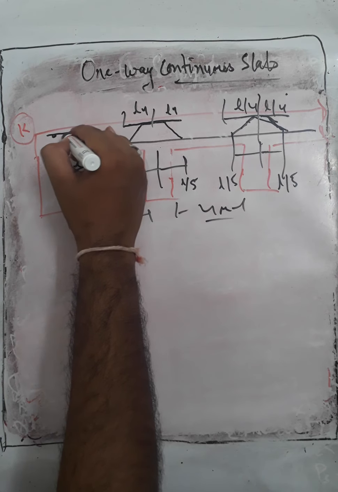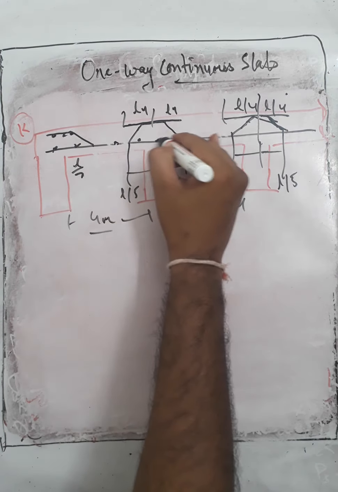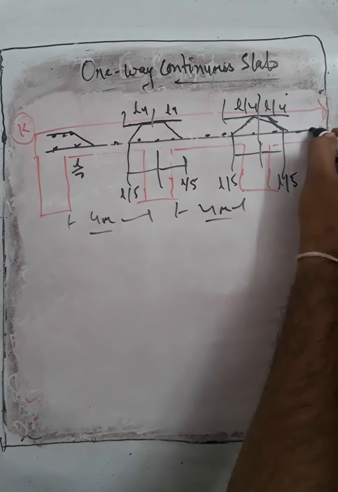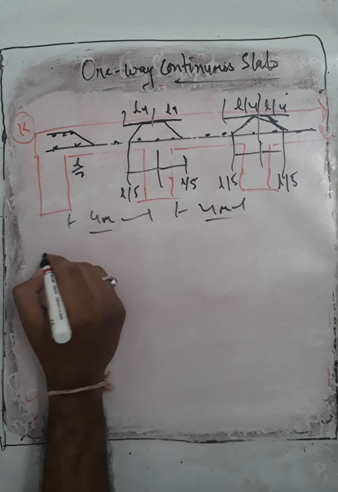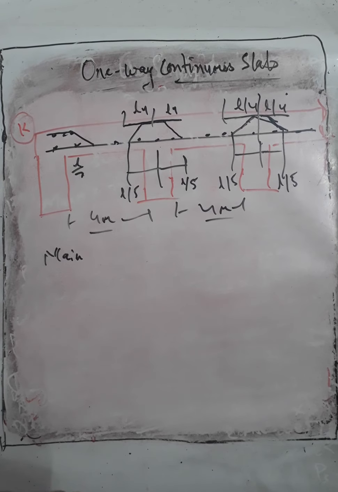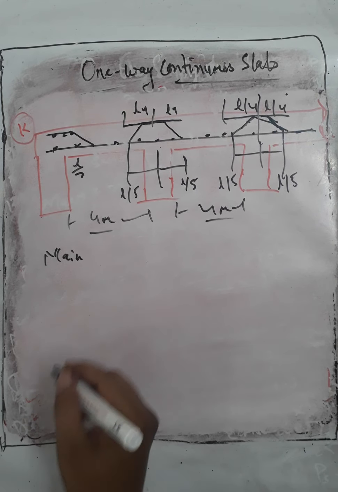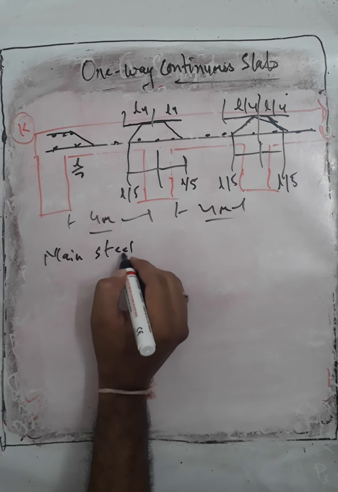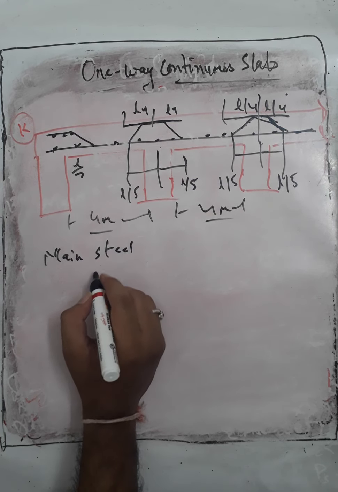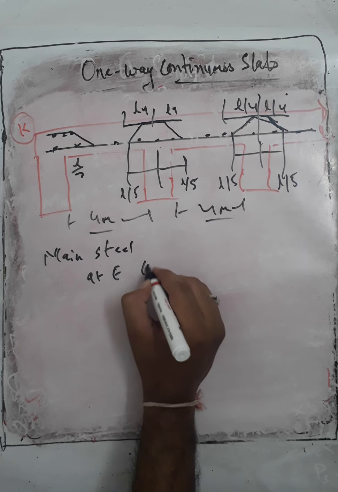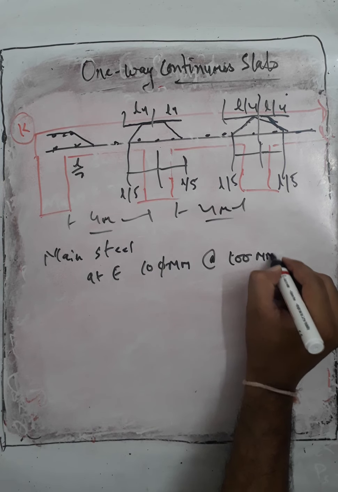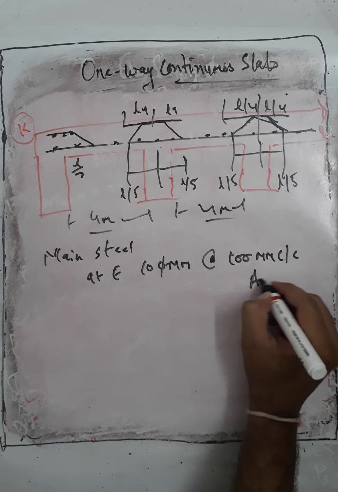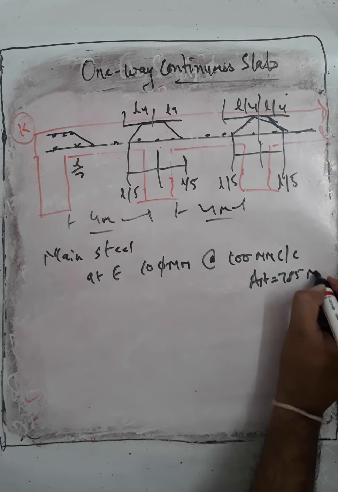Now here we provided reinforcement. This is distribution reinforcement. And you have to write in this way: main steel, at E 10 mm dia at the rate 100 mm center to center, and AST is equal to 785 mm square.